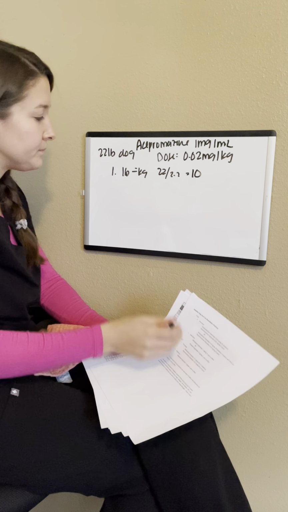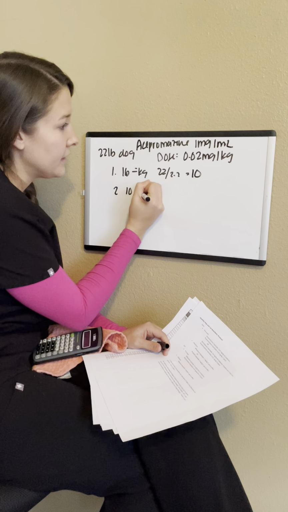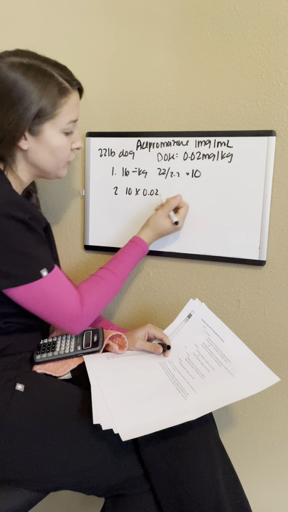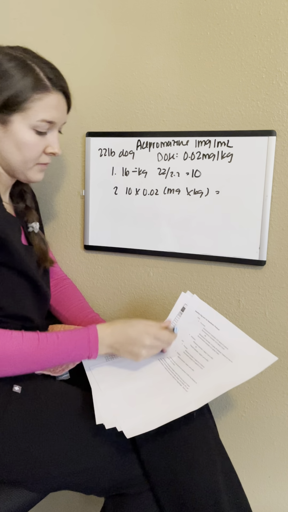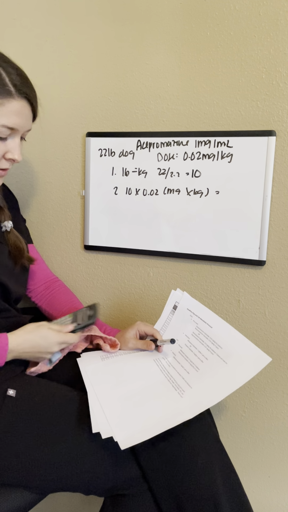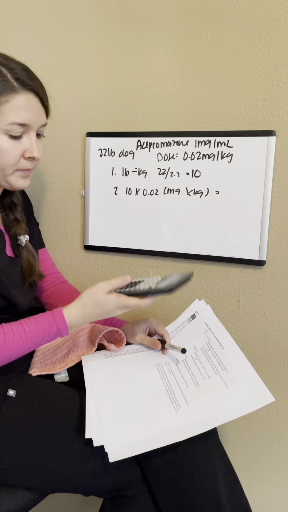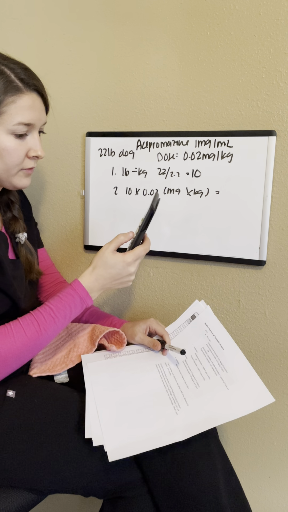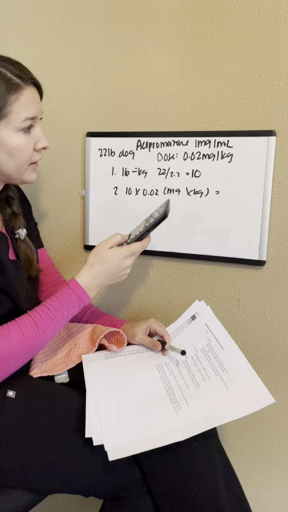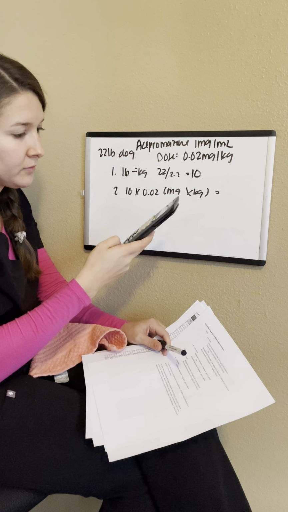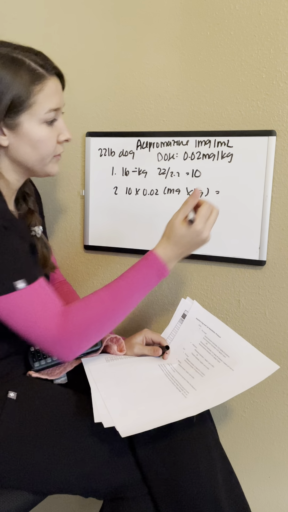So that's gonna be 10. And then 10 times your 0.02, because mgs times kg. It's gonna be 0.2.